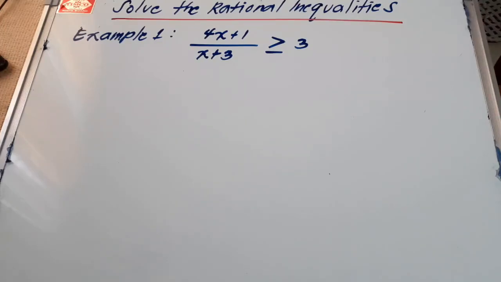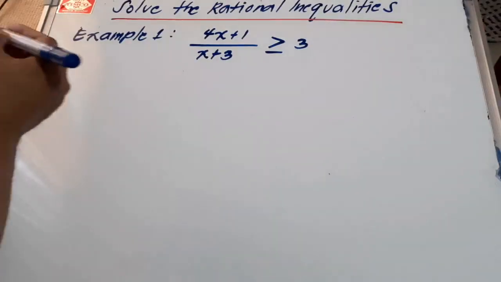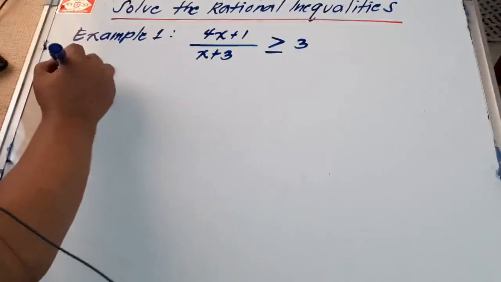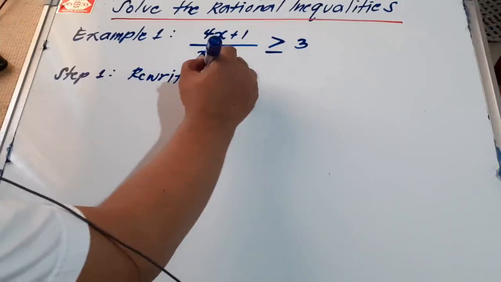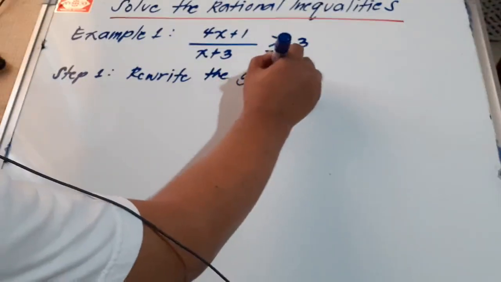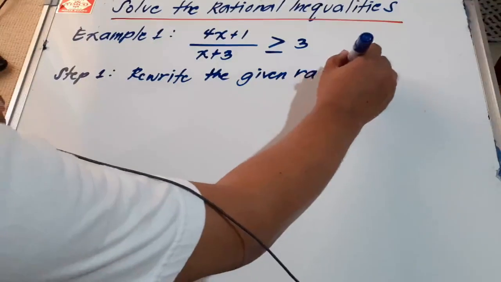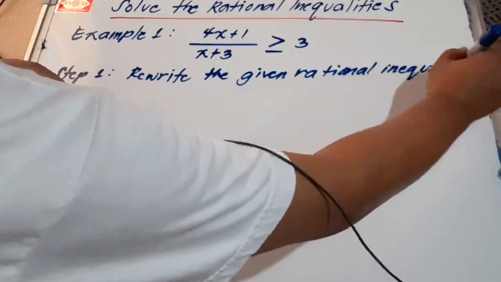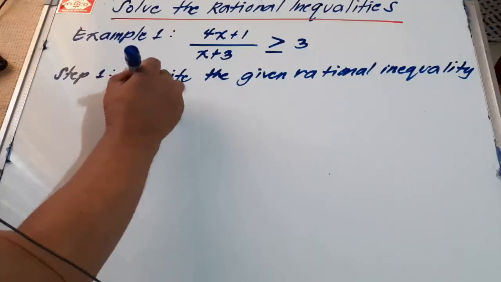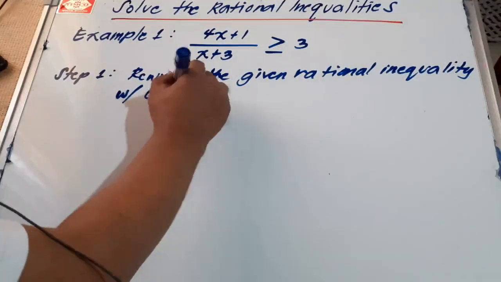The first step is we're going to rewrite the given rational inequality with 0 on the right side by applying the addition property. So that is the first step. Step 1, rewrite the given rational inequality with 0 on the right side.